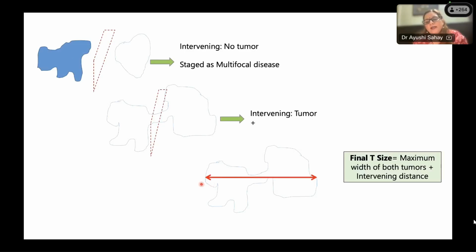So the final T size will become very large. The maximum width of both tumors plus the intervening distance becomes the final stage, and that is why you have to give the sections properly. If you do, you will be able to make out whether it is a large tumor with lobulation or a multifocal tumor, and the T staging of the two is different.